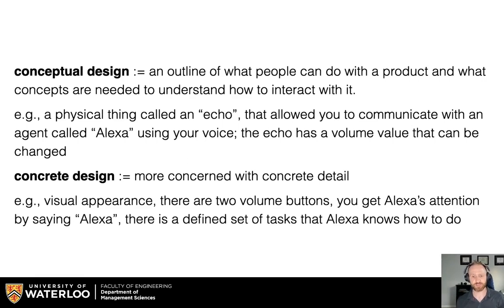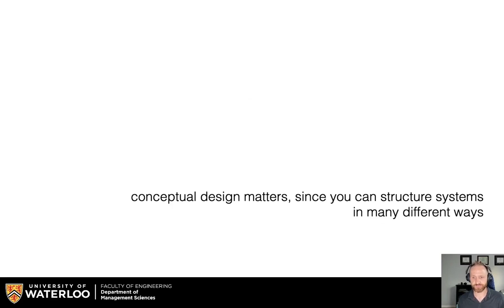There are 2 volume buttons, which are mapped to being able to control that volume value. You get Alexa's attention by saying, Alexa. There's a defined set of tasks that Alexa knows how to do. So this idea of thinking about the concepts behind your design versus the concrete appearance or set of things that your users interact with can be very useful to distinguish the two.